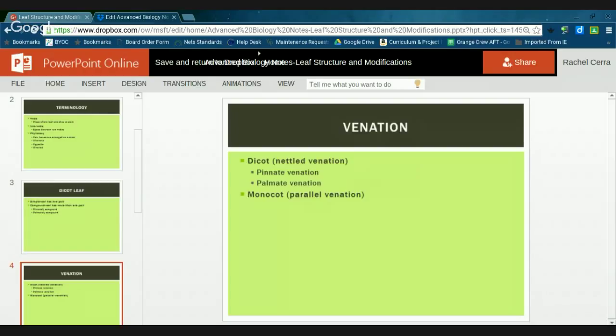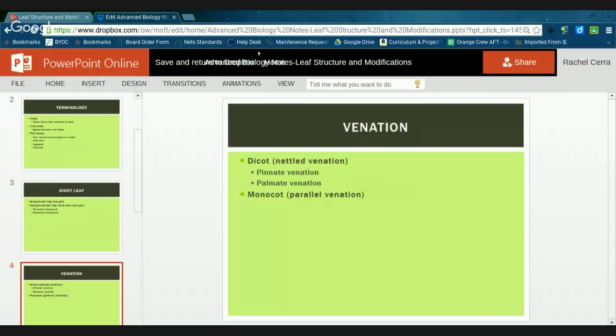So if you flip over your page, I've drawn you two different pictures. The one on the left is the pinnate version, so you can see that there's one main central vein and then smaller ones coming off the side, just like they were on the pinnate leaf. And then the palmate venation has several different central veins, kind of like there were several different appendages coming out of that one main one on the palmate compound leaf.